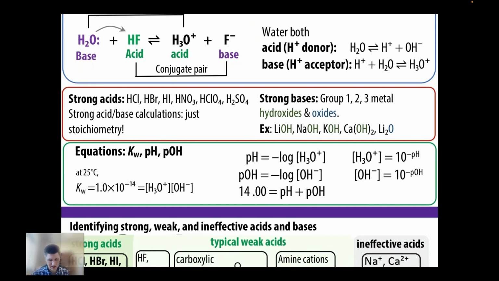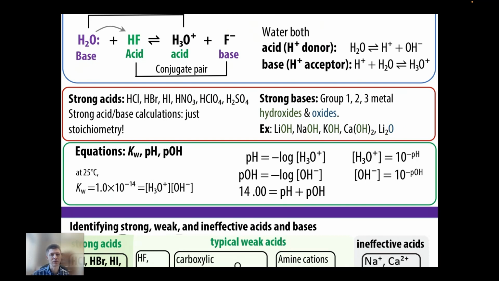The 3 acids in the halogen group are HCl, HBr, HI, and then the 3 oxyacids, HNO3, HClO4, H2SO4. Similarly, for strong bases, it's not quite as simple, but group 1 and group 2 metal hydroxides, having the OH- ion, and oxides, having the O2- anion, are our definition of strong bases.